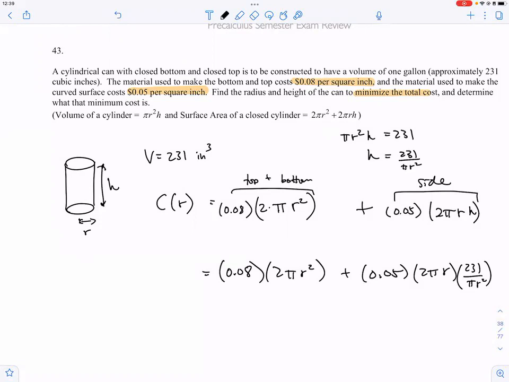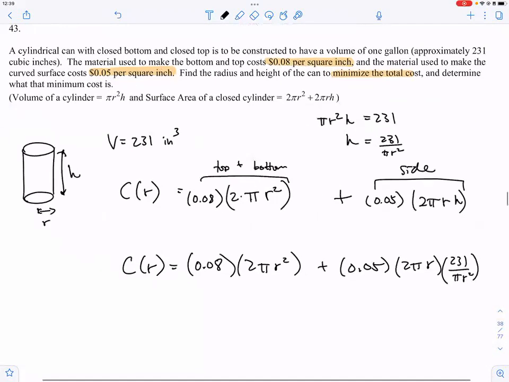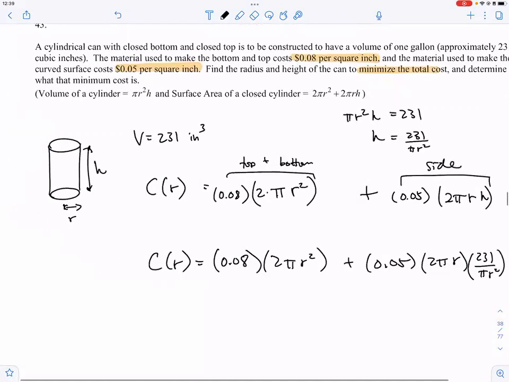Once you plot this cost function, you will find out that it is again a rational function that will give you some sort of minimum in the first quadrant.